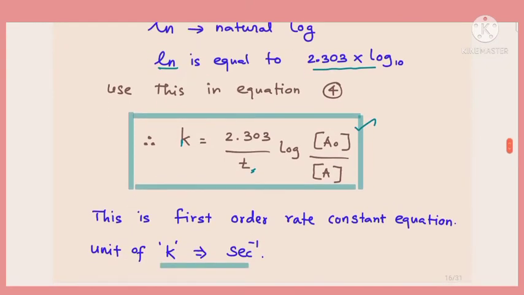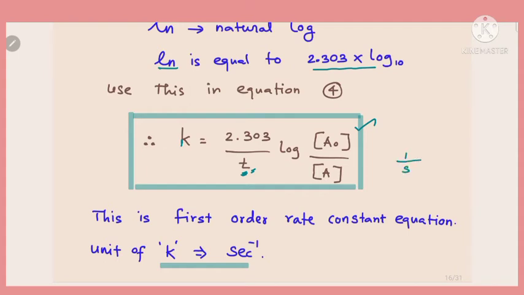And what is the unit of k? In the previous video we have discussed how to get the unit of k for various reactions: zero, first, second, third order reactions. So let us discuss here also. In the k formula, in the denominator you have time. The SI unit of time is second.